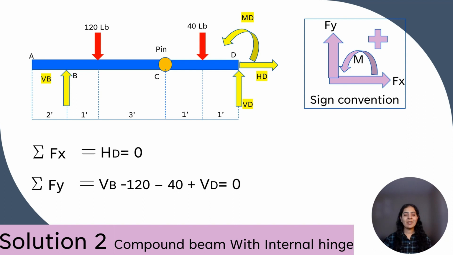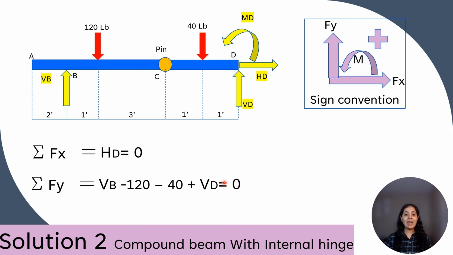Next step is to apply equations of equilibrium to find out these support reactions. So first, summation of Fx gives us HD is equal to 0, and summation of Fy gives VB minus 120 minus 40 plus VD is equal to 0.